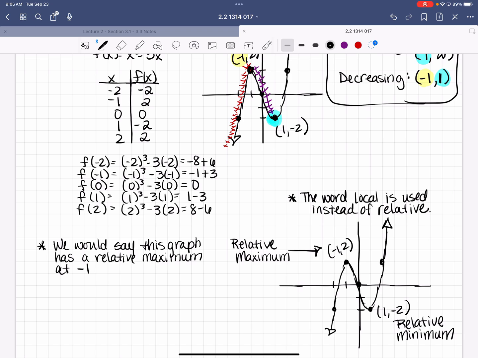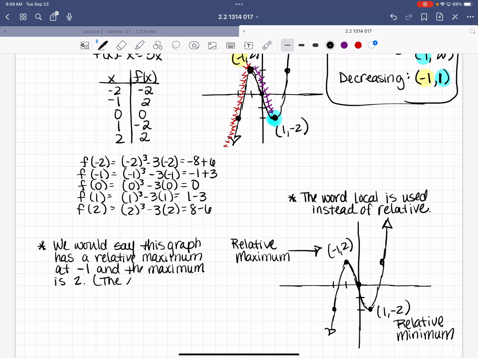we would say this graph has a relative maximum at negative 1 and the maximum is 2.